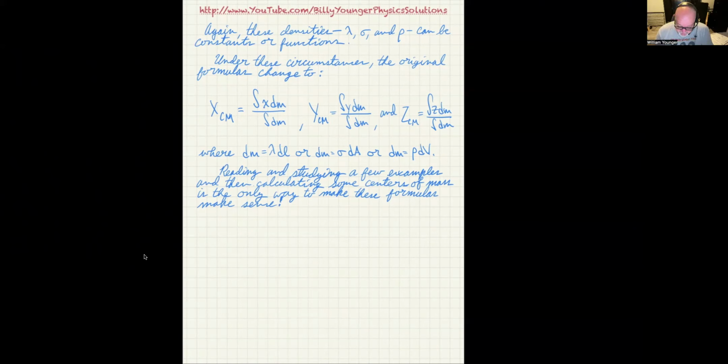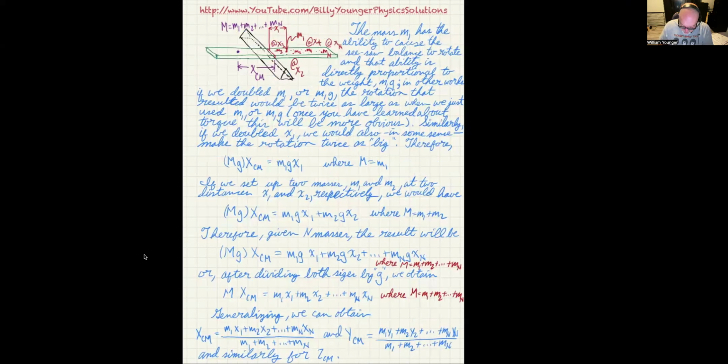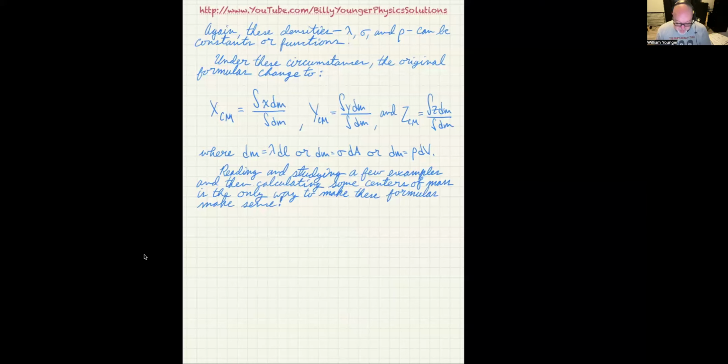So divvying that up that way, the natural generalization of m1 x1 plus m2 x2 plus m3 x3 plus dot dot dot, all over m1 plus m2 plus m3 plus dot dot dot, is x_cm equals the integral of x dm divided by the integral of just dm. Similarly, y_cm equals the integral of y dm divided by the integral of dm, and z_cm equals the integral of z dm divided by the integral of dm.